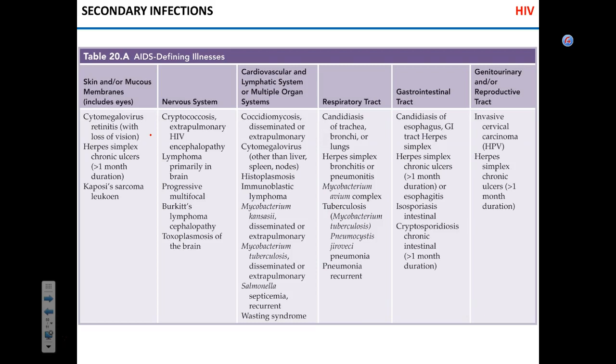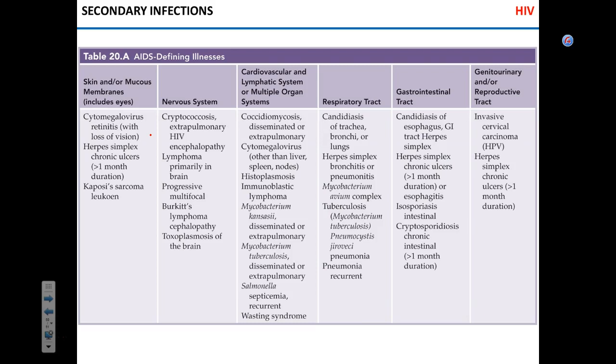The reason why I stole this is because I'm lazy. I tried to come up with a table myself, and I realized that I need to use a font with a size like 6 to fit all the secondary infections the way I want, or I need a gigantic wall poster.